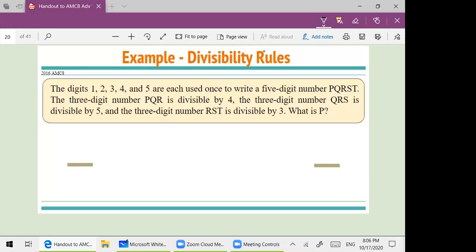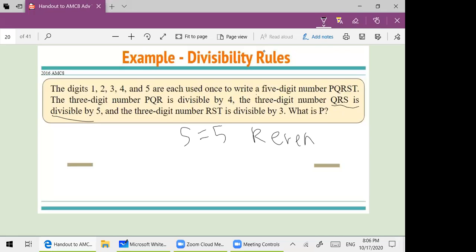Okay, so you know that QRS is divisible by 5, so S equals 5. And you also know that R is even because QR is divisible by 4.